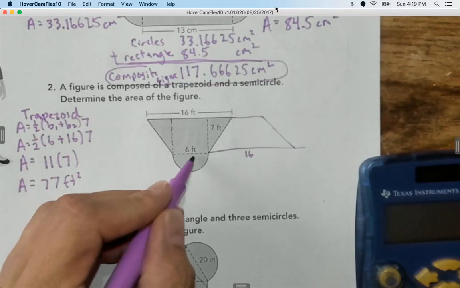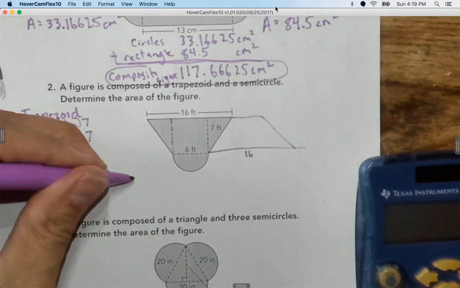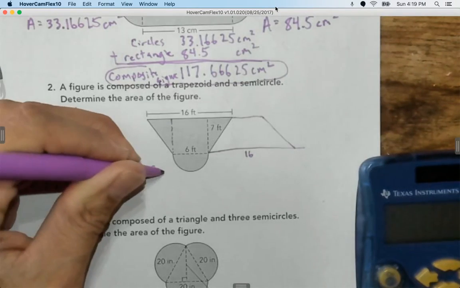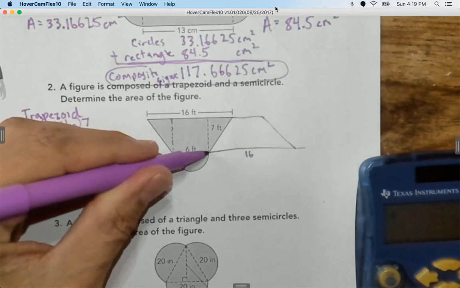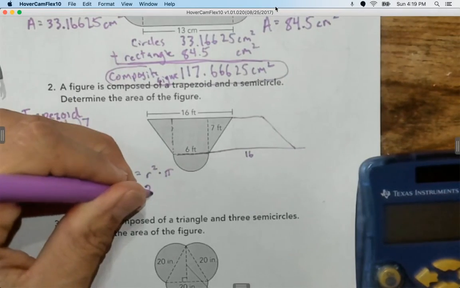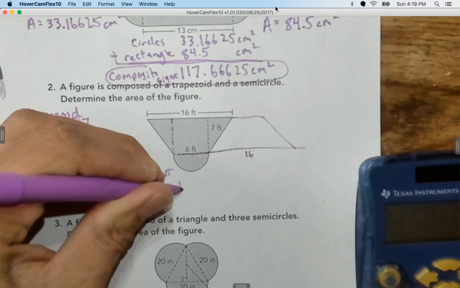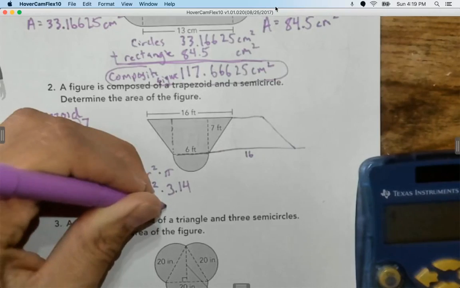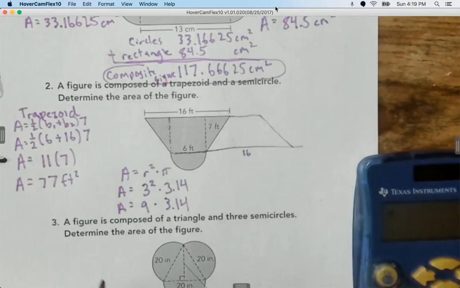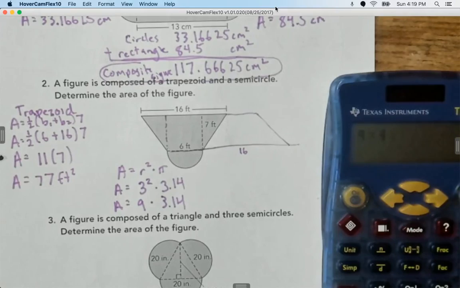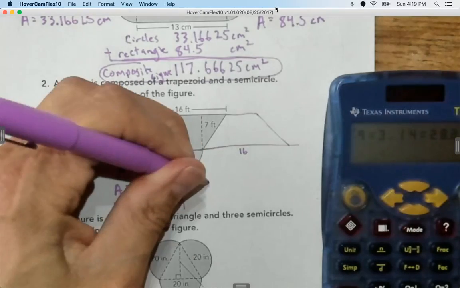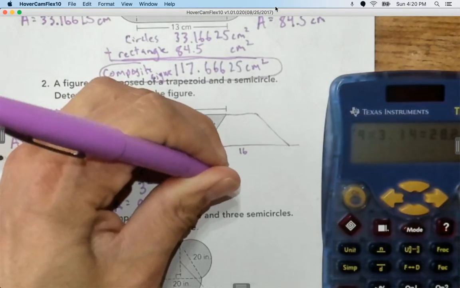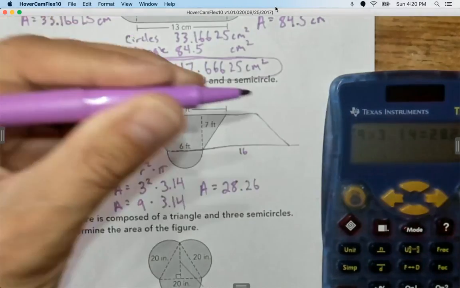Now we have this semicircle. For the semicircle, the area would be radius squared times pi. This is 6 feet for the diameter, so this would be 3 feet for the radius. So we would have 9 times 3.14, which gives me an area of the circle of 28.26 feet squared.